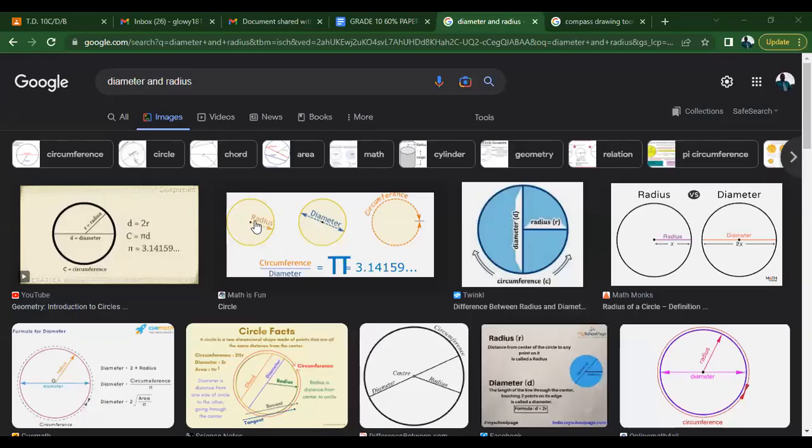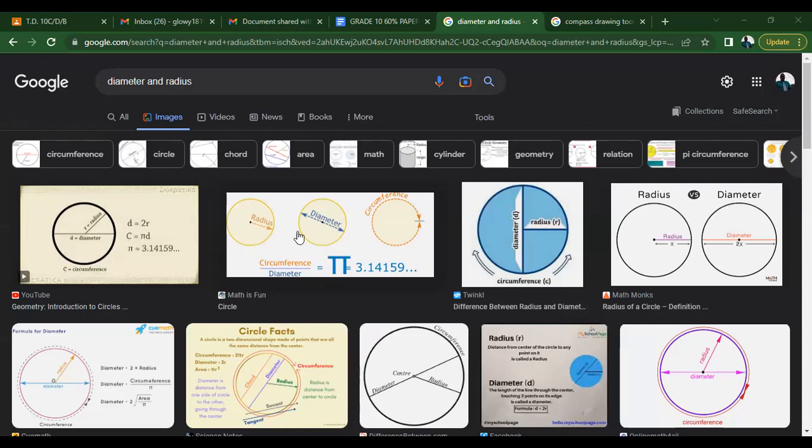Share my screen. Here we go. All right, so as you can see here, radius is from the center to the circumference of the circle, and the diameter is a line that runs through the center of the circle and touches both ends.